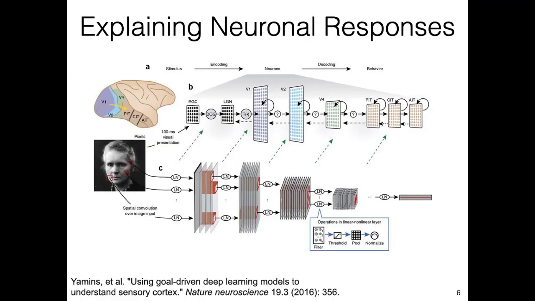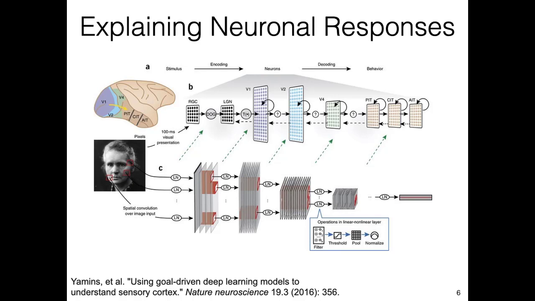And the story doesn't end here, because the success of these networks has been so wide that it has transferred to another scientific domain, neuroscience, in which these neural networks have been used to explain brain data and activations of neural responses in the visual cortex.